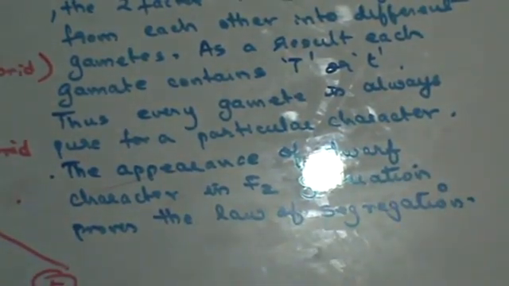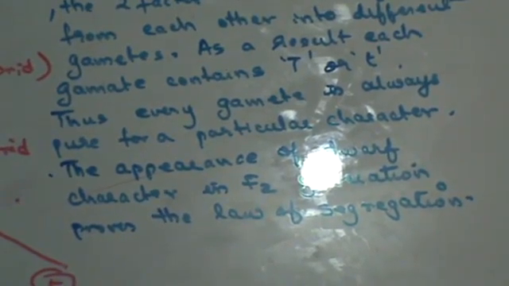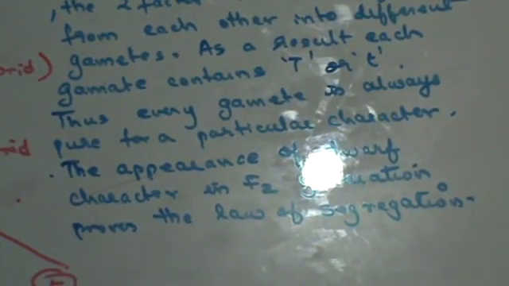Right? The dwarf character must have received one gamete of t from each of the two hybrid tall parents, right? The fact that dwarfness reappears in the F2 generation is only possible when it has received the gamete small t from each one of the hybrid selfing parents.